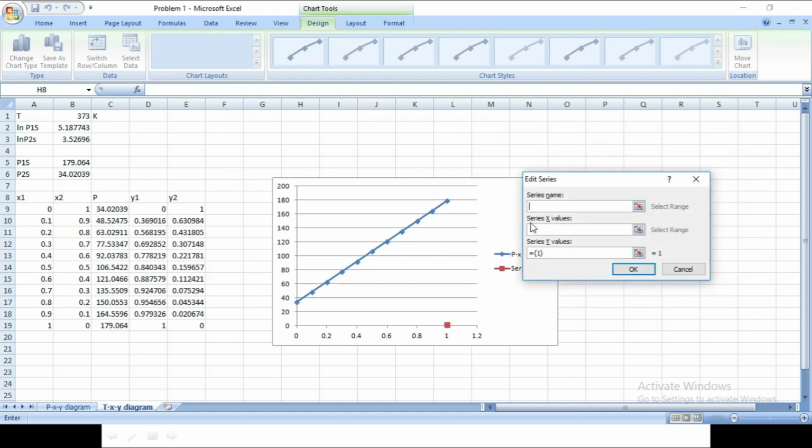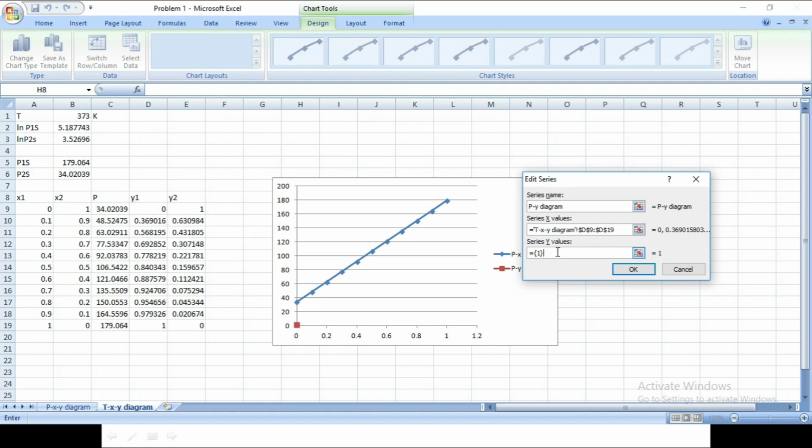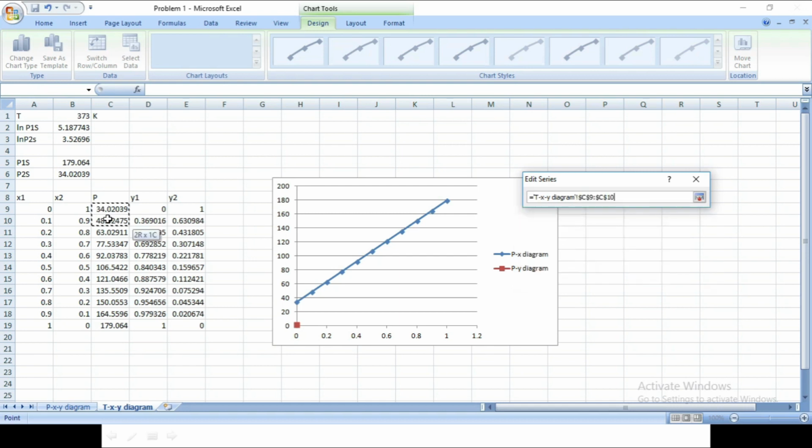Add series name P-Y diagram. X values, entire column of Y1, Y values, entire column of P values.